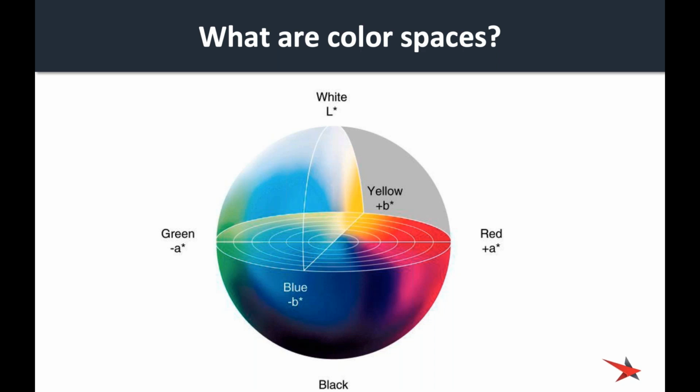In this space, the A prime and B prime axes, as you can see in the sphere here, represent specific color values, while L prime is used to express the lightness of the object. Using these reference coordinates, customers and manufacturers now have a clear and unambiguous way to express the intended color for a finished product.